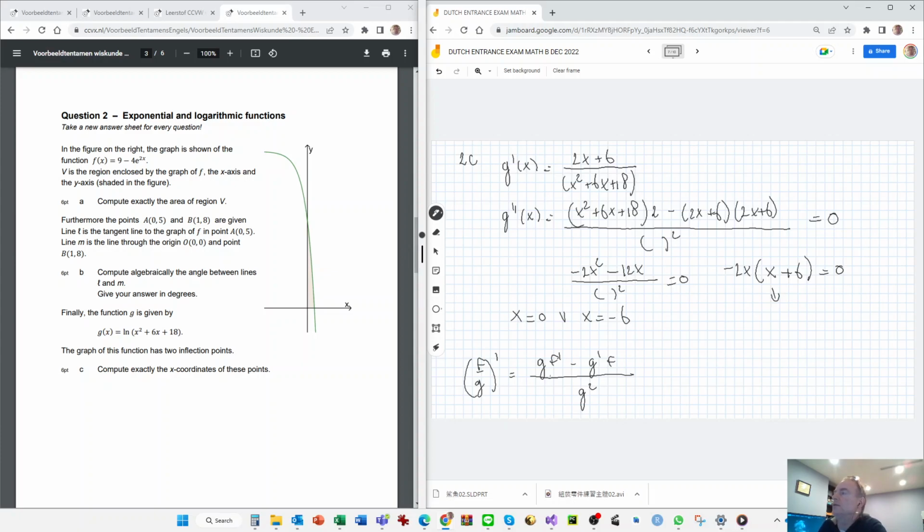And the only thing we have to check first is that this denominator is not 0, so substitute 0 here and minus 6, you get 36 minus 30 plus 18, so it's all fine.